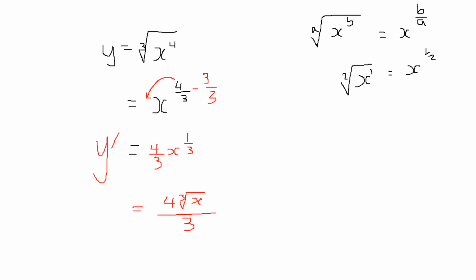Good. There's no need to put this here below, because as it is there, it's already positive. So there's no need to send it into the denominator. You keep it right up there. And again, if we go back to this rule, we're reverting now. So the denominator becomes a root power, and the numerator becomes the x power.